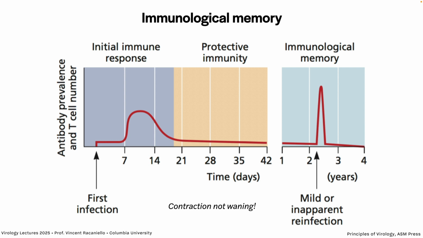It contracts. So you have low levels of antibodies and effector T cells present. And then sometime later, you're infected again. You have a rapid and more robust response, typically a couple of days before you start making antibody from those memory cells. And what does that do?